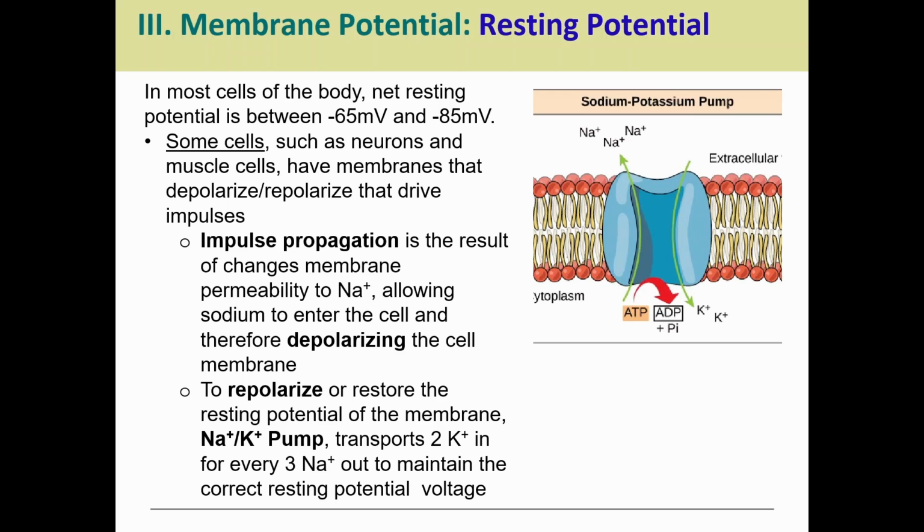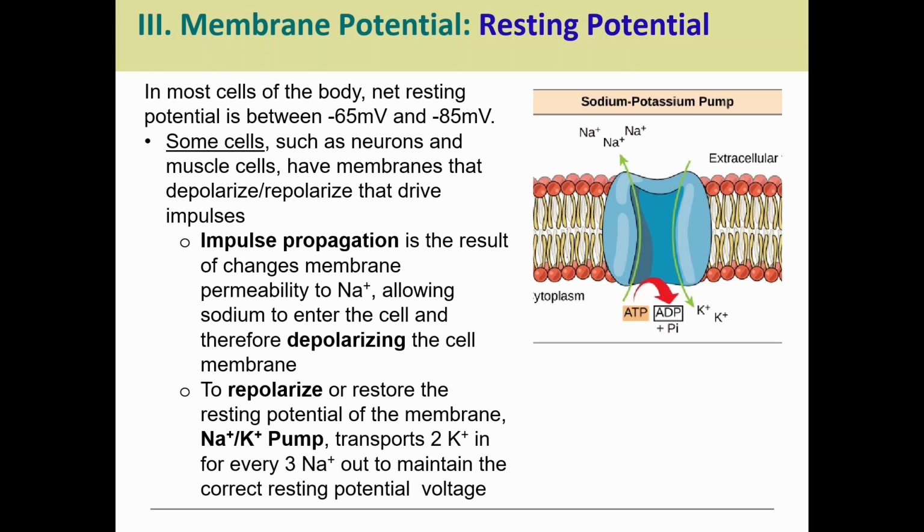So things like neurons and muscle cells are actually going to have moments of, well, I guess we'd say instability in terms of that potential, right? We change that charge to allow for us to do that activity. But most of their cells are going to stay in that negative 65 to negative 85 range.